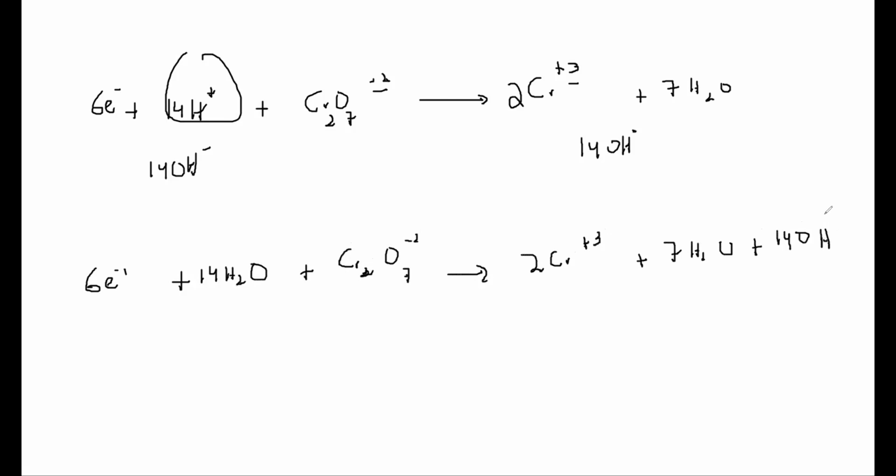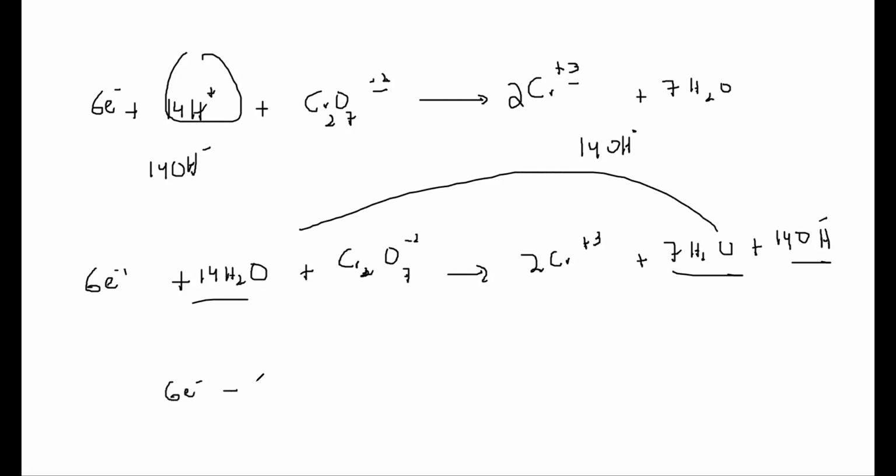But this equation is not final, because here there are 14 OH, and here 7 water molecules and 14, so this water molecule moves to the other side. So this will be 6 electron, 14 minus 7, so it will be 7 water molecules plus Cr2O7 minus 1 gives 2 chromiums plus 14 OH.